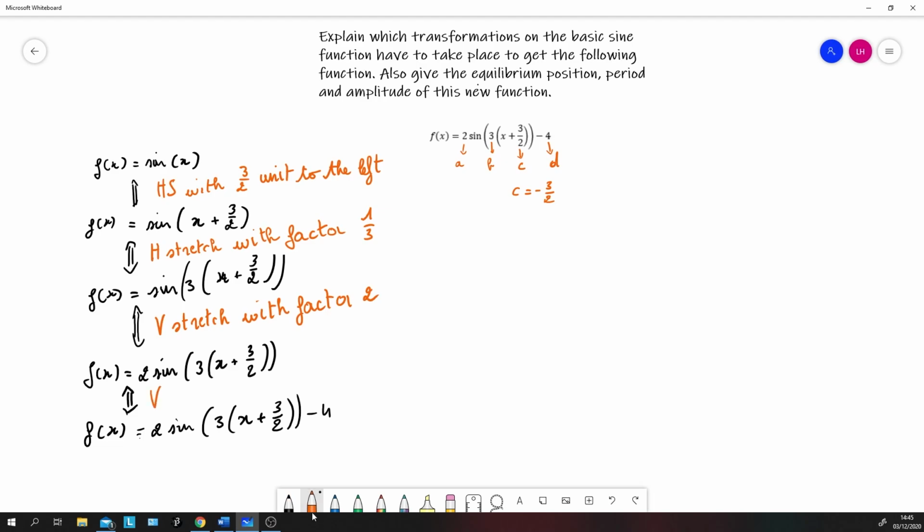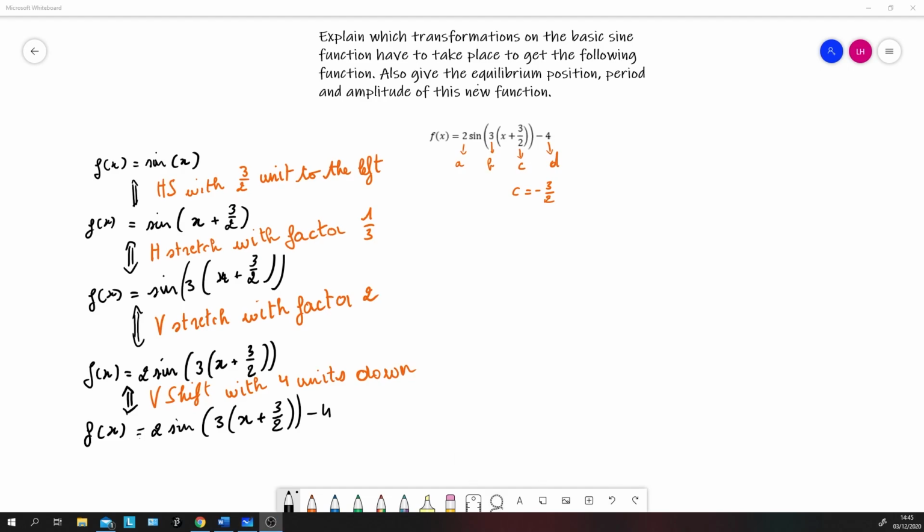A vertical shift with 4 units down, because it's negative. So that's how we get the given function.